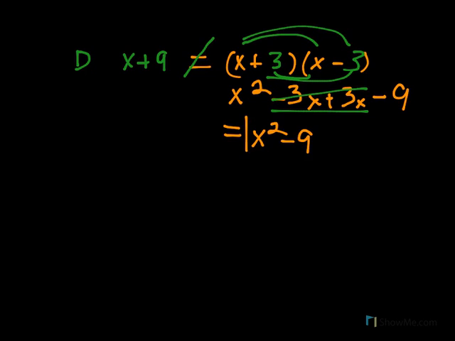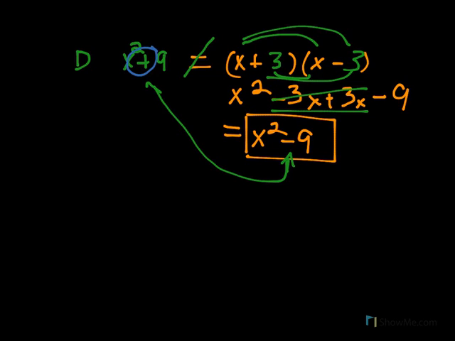This is why I made a huge deal about this sign, because one sign is positive, one is negative, it's not both positive. And I'm sorry, I just wrote x plus 9; you should have assumed that I cannot do this, because you have x squared plus 9. This is not the same thing because of this plus sign, and this is called difference of squares, not sums of squares. So it only works when you're subtracting.